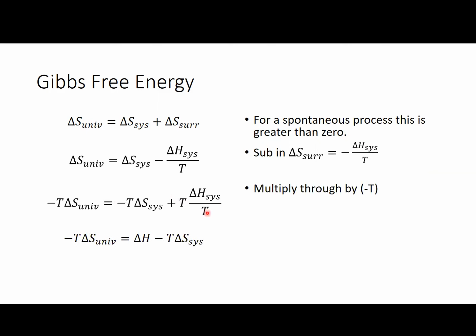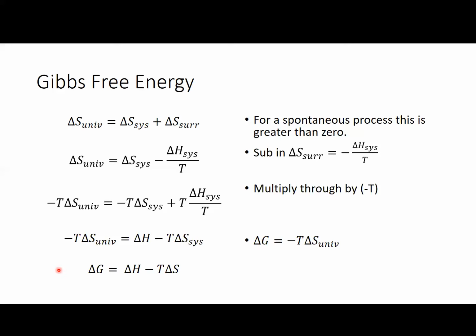So what I'm left with is negative T delta S of the universe is equal to delta H minus T delta S. This is delta S of the universe. This is delta S of the system. And this new thermodynamic quantity, delta G, is equal to negative T delta S of the universe. Plug that in, and I'm left with this new expression, delta G is equal to delta H minus T delta S. And this is the expression we use to determine the Gibbs free energy of something.